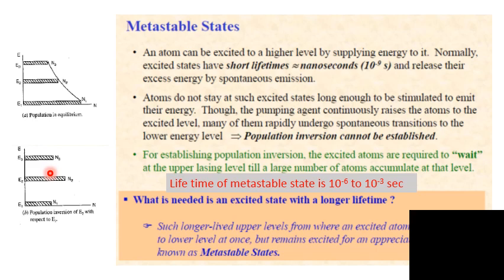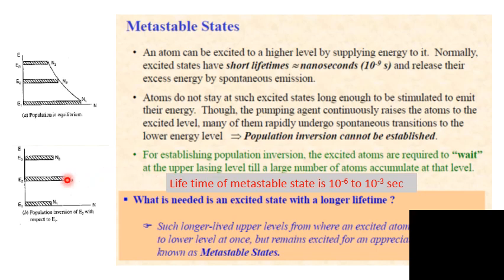But we don't want spontaneous, we need stimulated emission, and stimulated emission will happen between these two levels, E1 and E2. The atoms do not stay in such an excited state long enough to be stimulated to emit their energy, so the pumping agent continuously raises the atoms to the excited level. Many of them rapidly undergo spontaneous transition to the lower energy level. Population inversion cannot be established.